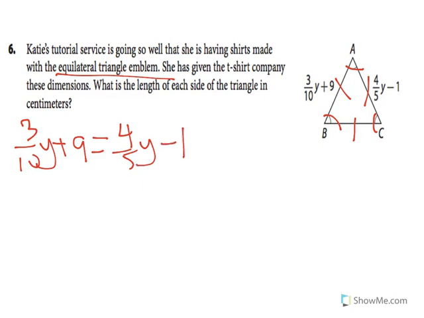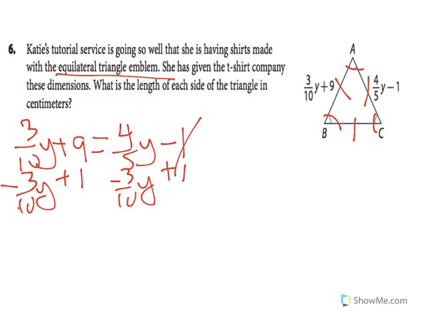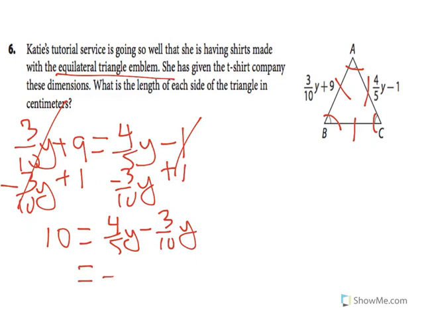And combining like terms, I'm going to add 1 to this side, and I'm going to subtract 3/10 y from both sides. So this reduces to 0, this reduces to 0, so I have 10 equal to 4/5 y minus 3/10 y. And to subtract a fraction, we need a common denominator.